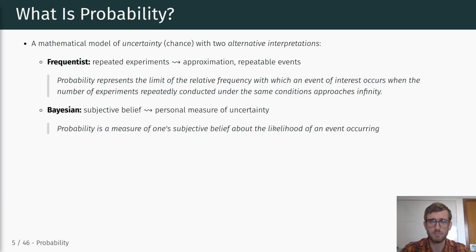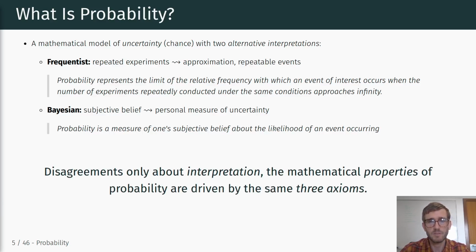And that's an important distinction. And in the literature and in political science, you see debates between frequentist and Bayesian applications and interpretations of certain probabilities, right? The important piece to keep in mind is that these disagreements are ultimately only about the interpretation of what these probabilities mean, right?